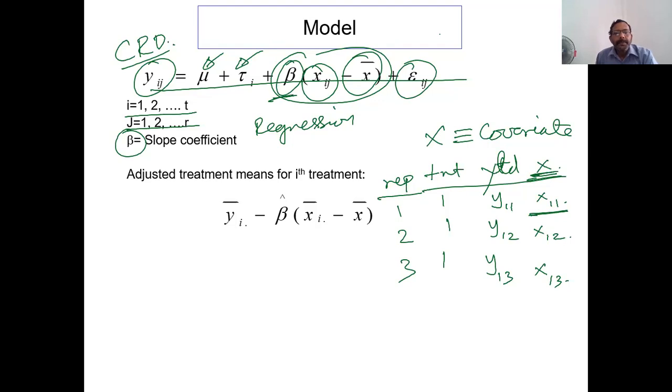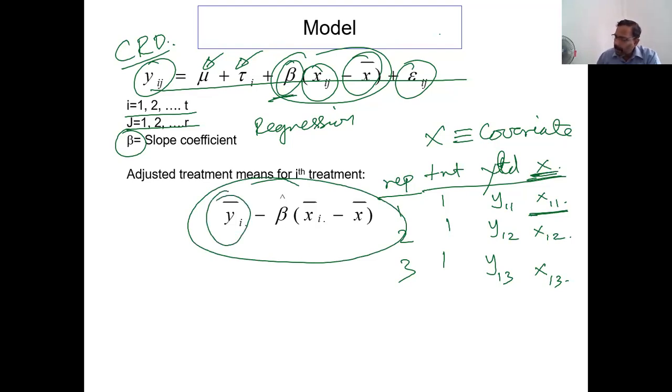Right? Adjusted treatment means we don't want to calculate by hand, but the computer will calculate. So this is the first treatment mean. This is, for example, the first treatment mean minus beta, mean of the first treatment initial weight minus the overall mean of the covariate.